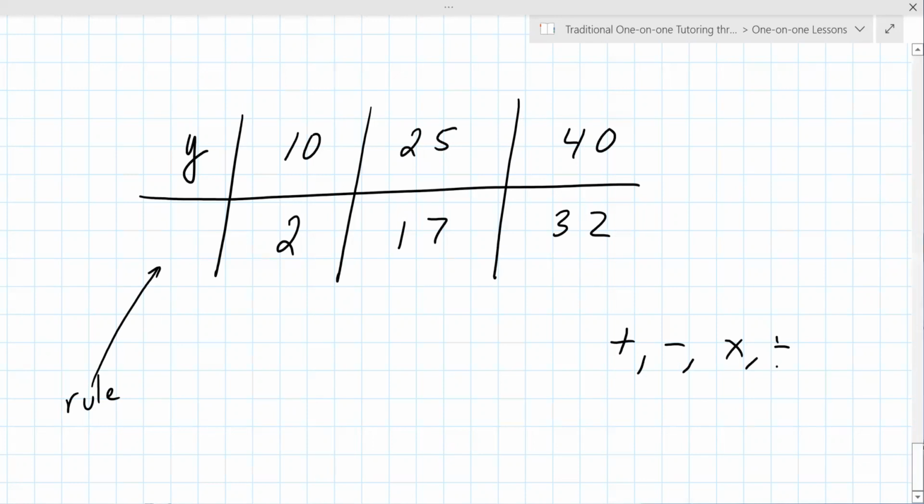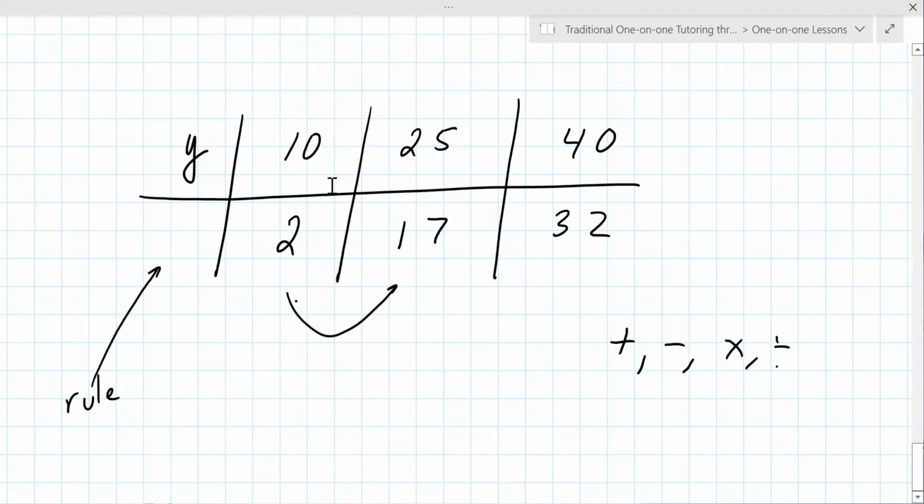Okay, so you're going from the top row to the bottom row. So you have to use the top number to get the bottom number.